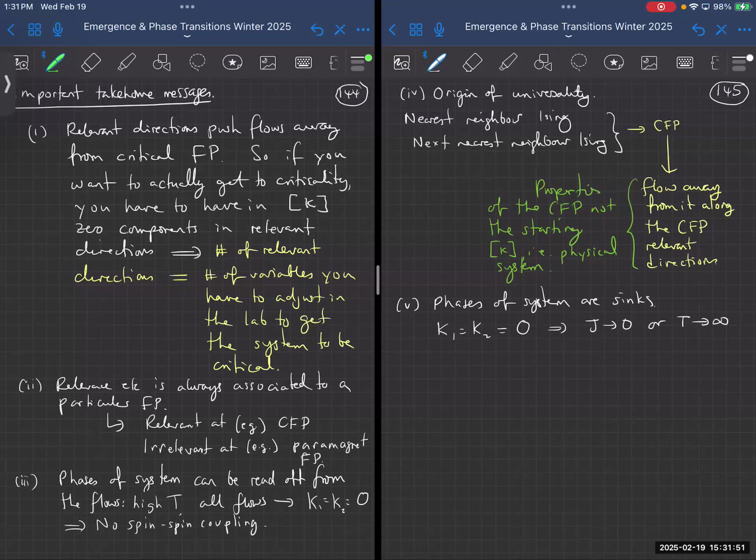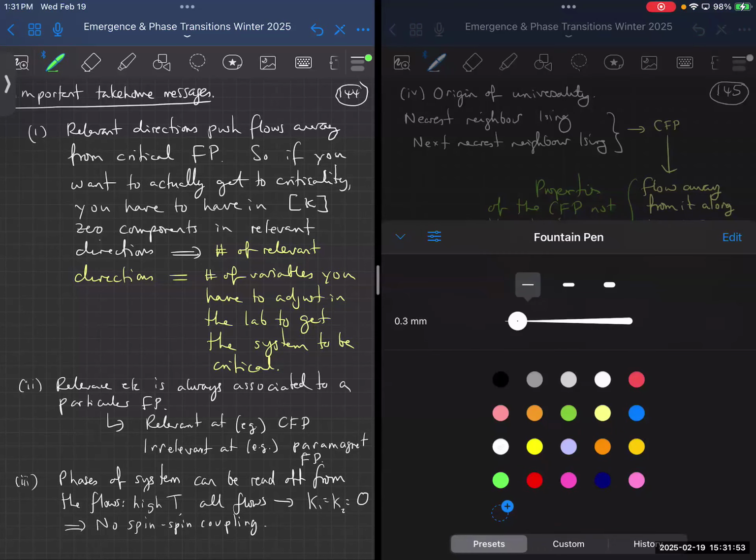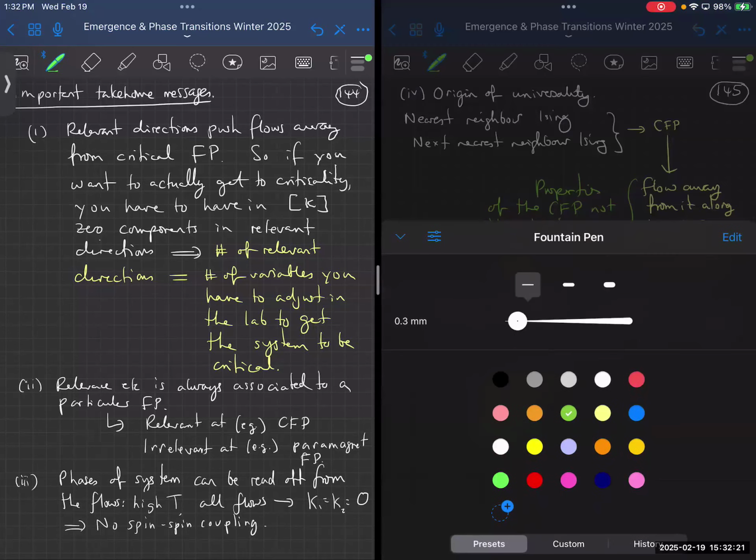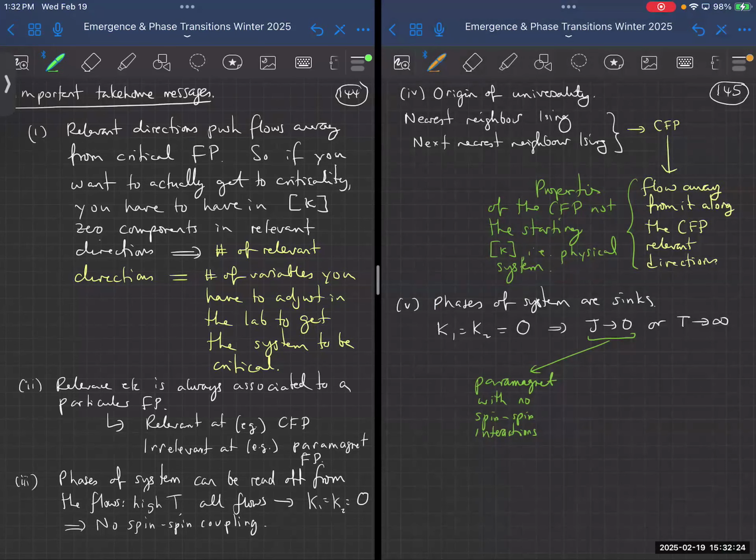In either of those cases, those correspond to a paramagnet. Let's just remind ourselves why. If J goes to 0, that is a paramagnet with no spin-spin interactions. That's the natural way to think about it, but it's not the only way. I could think about it as T going to infinity.